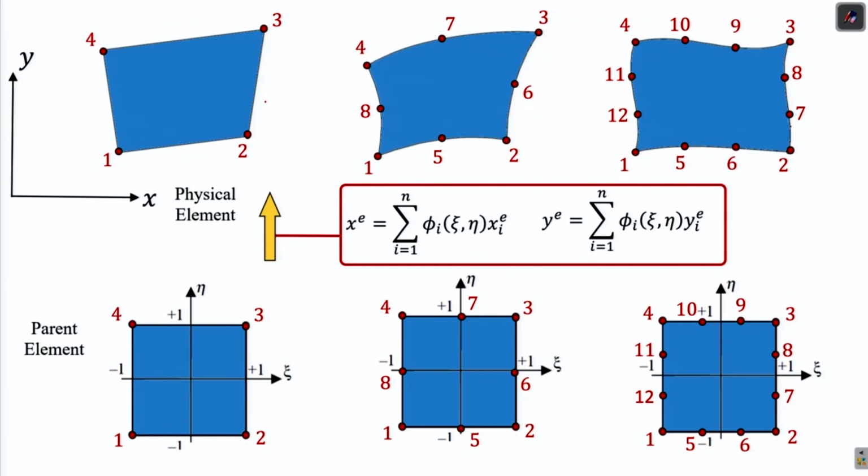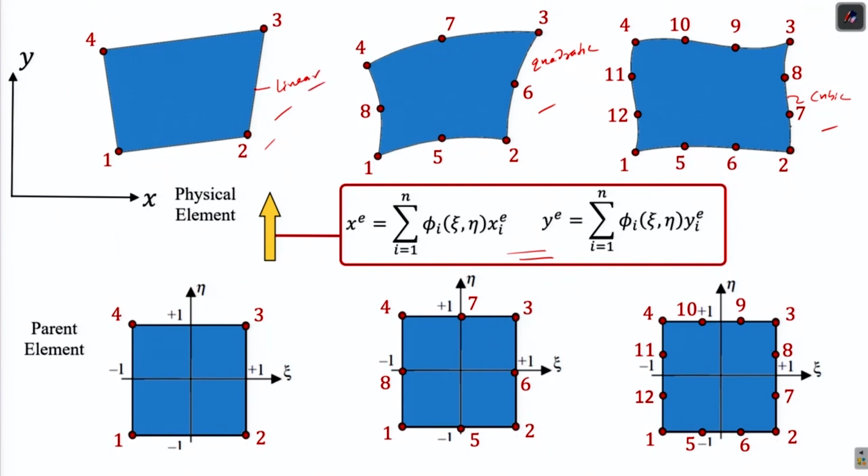But when mapped through this, it gives you this kind of element. Here the sides are linear. In this case, the sides are quadratic, and in this case the sides are cubic, right? And in this case the sides are linear.